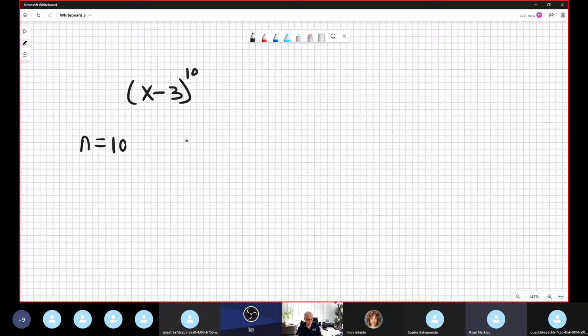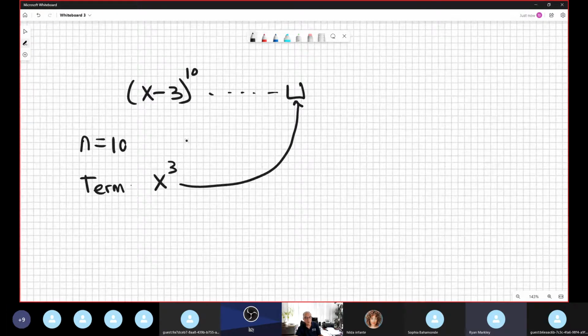The specification is that the term, singular, only one, contains x to the cube power. I want to expand it and select one specific term that contains x to the cube power, but not necessarily expand everything.